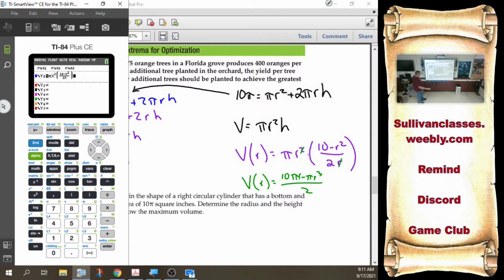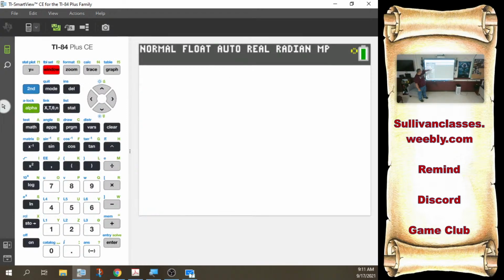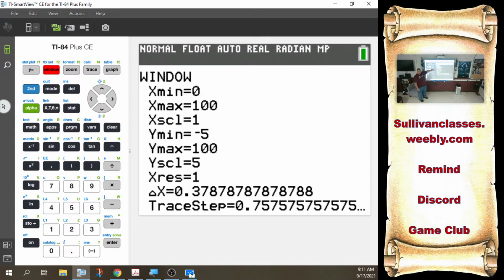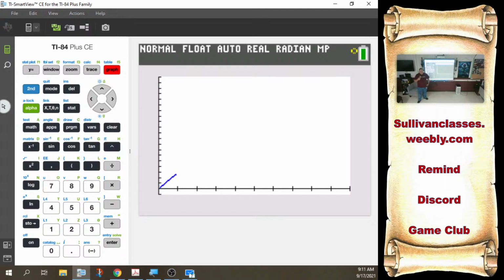Yeah, that's what it was. That was original green. Yeah, pi r squared. Okay, so maybe I don't need to go out that far. Maybe it's just 10. In fact, I'm being a little facetious here with the 100.